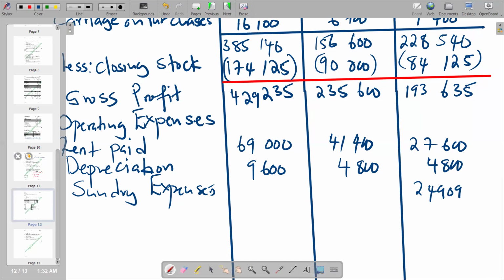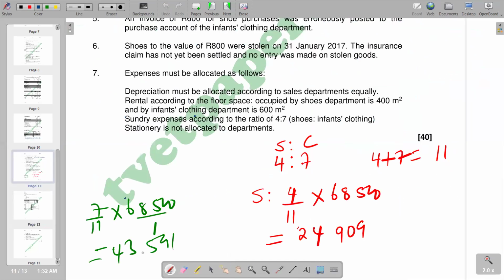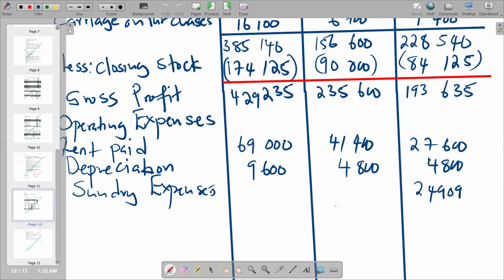And then we calculated for the clothing, and we got 43,591. And then from there we are supposed to add the two figures to get the total, which is now 68,500.